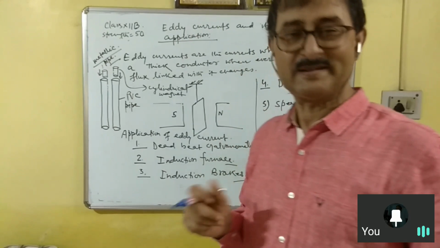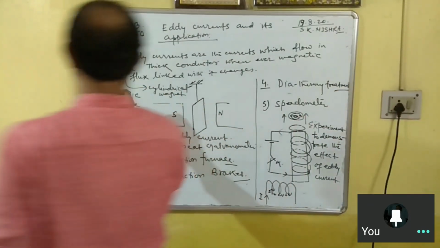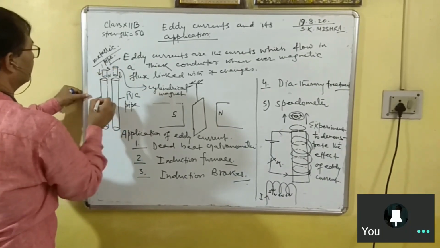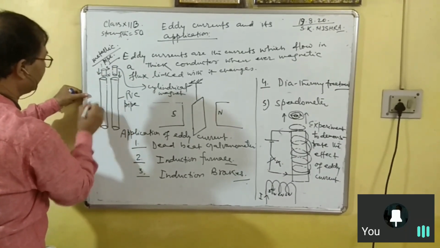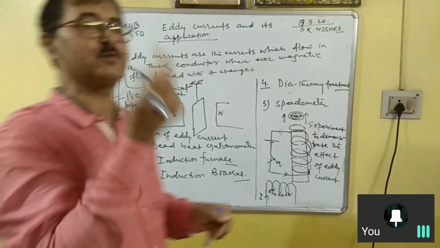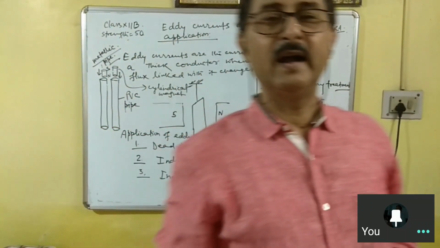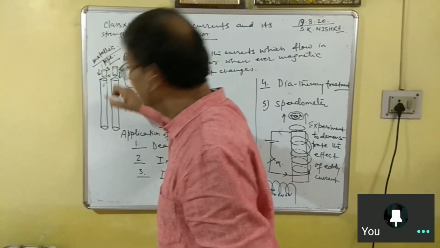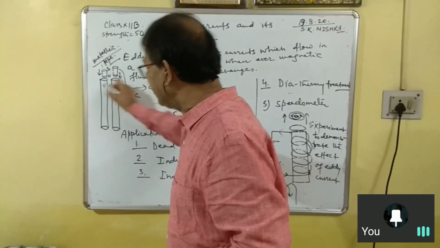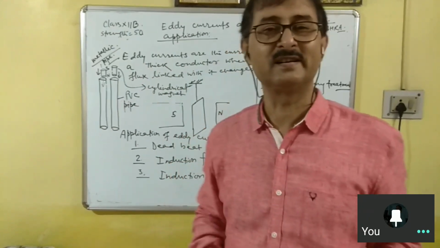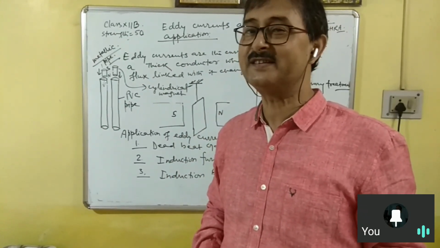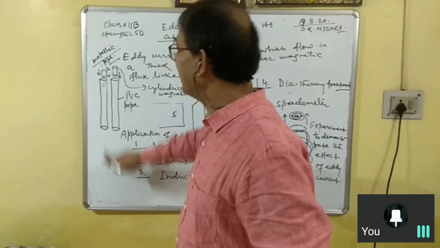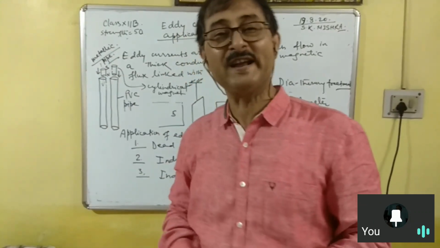Why does it happen? Because if the magnet is falling through this metallic pipe, the pipe may be considered a number of rings placed one above the other. As the north pole goes inside, the magnetic field linked with each turn is changing, so the flux linked with the pipe changes.